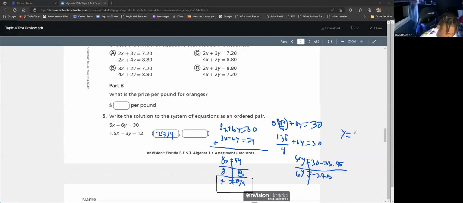One more step. Now you're going to divide both sides by 6, right? So y equals negative 0.625, okay? Get it?